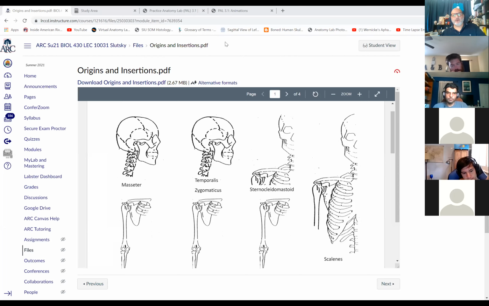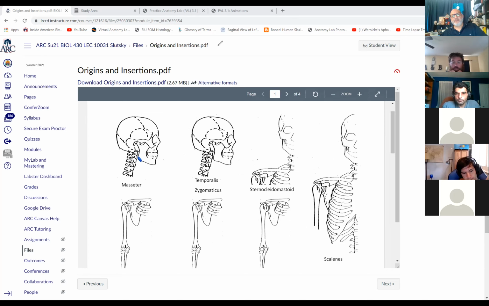I'll make it available. So what we're going to do is you're going to, with your red pen and a blue pen, right? I'm going to tell you that, for instance, the masseter inserts into the mandibular angle. And of course, since you know the mandibular angle is this angle of the jaw, you're going to put a little blue line right here showing that that is the mandibular angle, and that is where the masseter inserts.